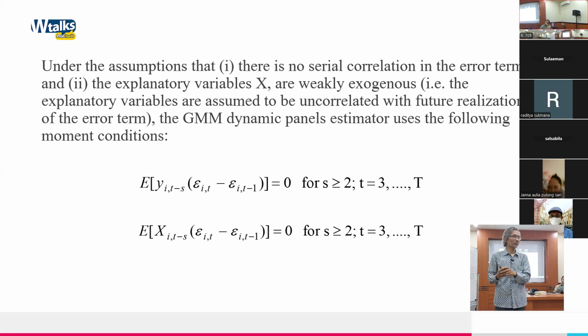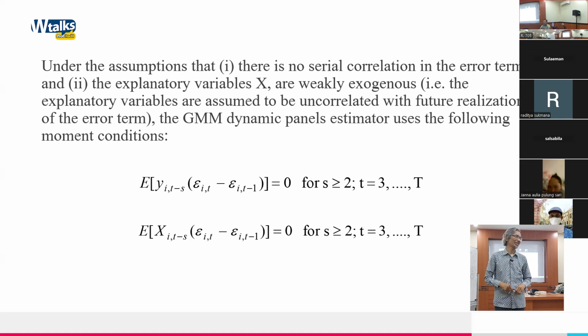So sometimes you see people say they use two-step. It means that they relax the assumption of a homoscedastic error term. And that's why they do two steps. But there exists one problem with two steps.